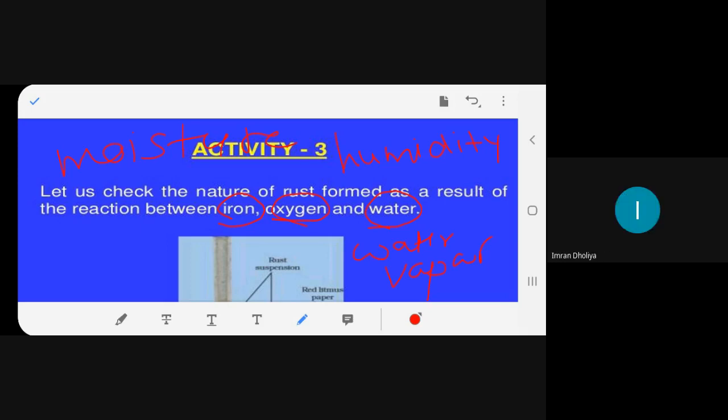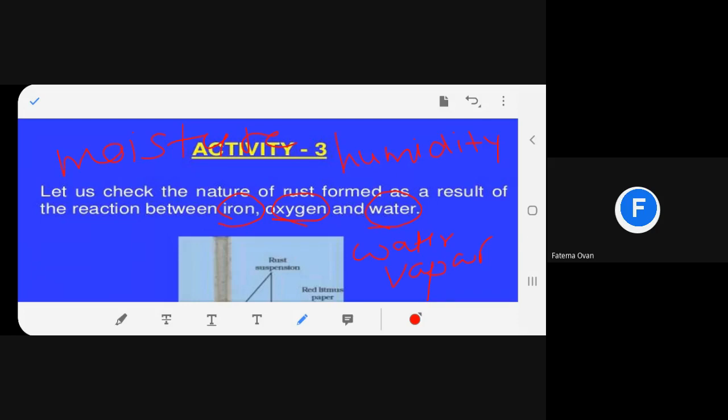Yes, ma'am. So the presence of water vapor in the atmosphere, if I remove water vapor from the atmosphere, there will be no rust. You understand? So these three in combination make rust happen.